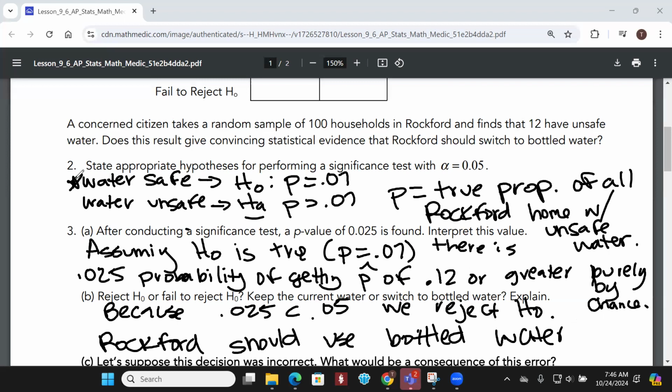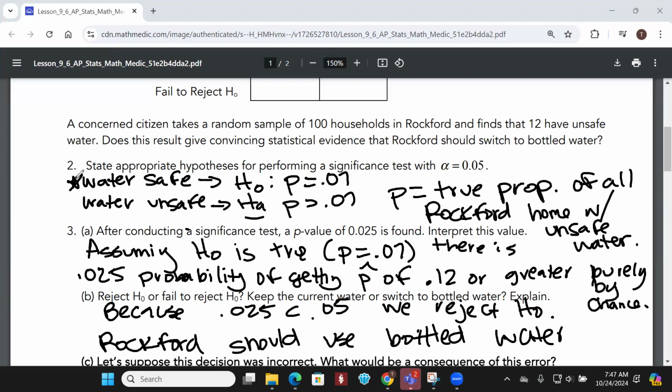Wait, hold on. If 0.025 is less than 0.05, isn't that also the probability in which we're getting 0.12? But if the probability is of something greater than 0.025, how does that equate to guaranteeing that we have unsafe water with the 0.07?